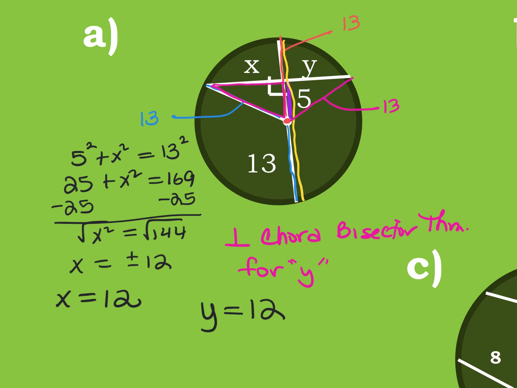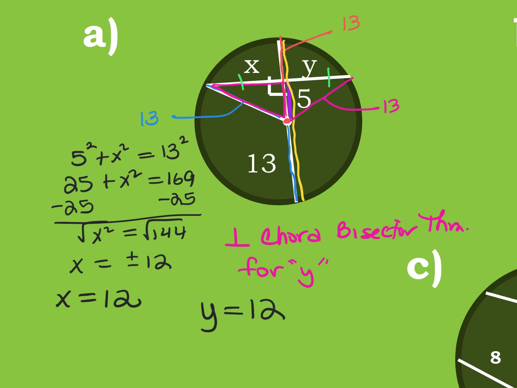Okay, so when you have a diameter of a circle and it's perpendicular to a chord, it's going to bisect that chord and its arc. So it's a perpendicular bisector, in other words. So that would just make x and y congruent because that diameter is perpendicular to the chord.